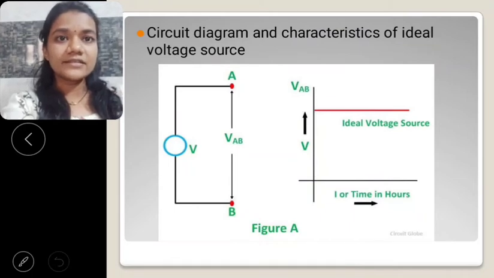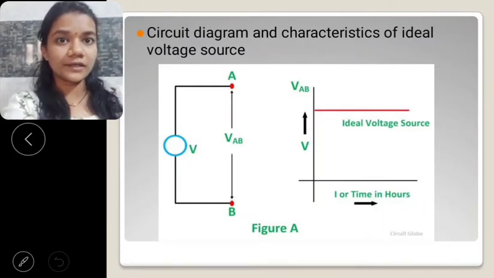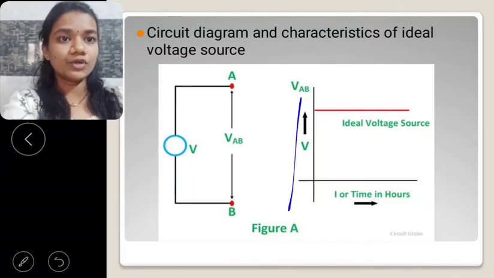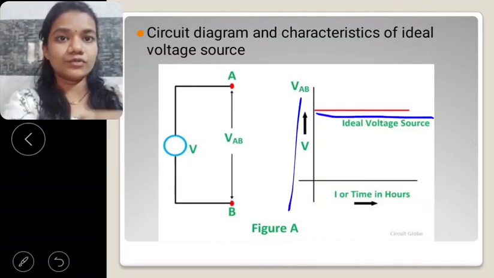Now this is the characteristics of the ideal voltage source. As with the current source, on the x-axis there is current or time, and on the y-axis there is voltage. It is nothing but a constant voltage at any instant of time.